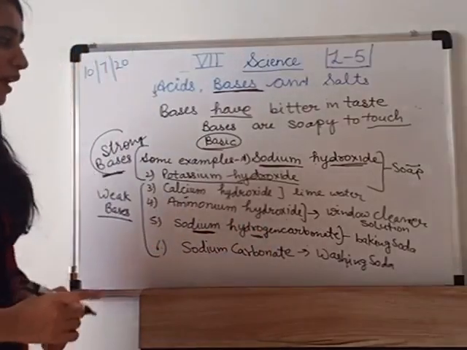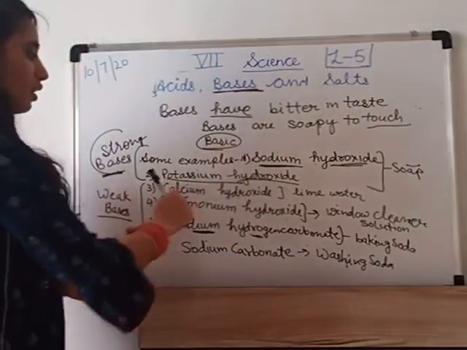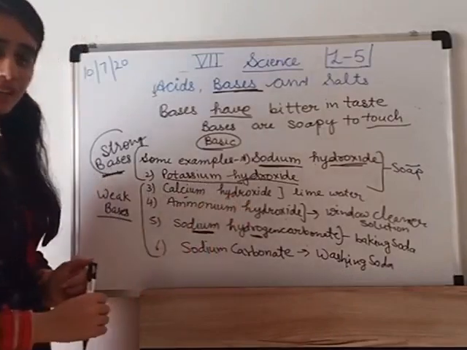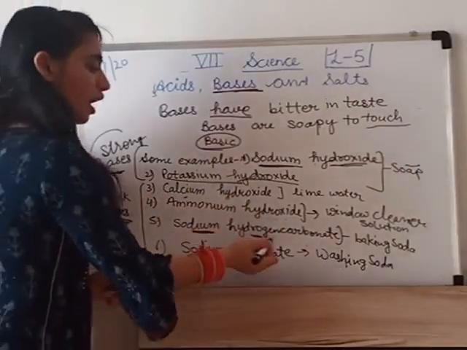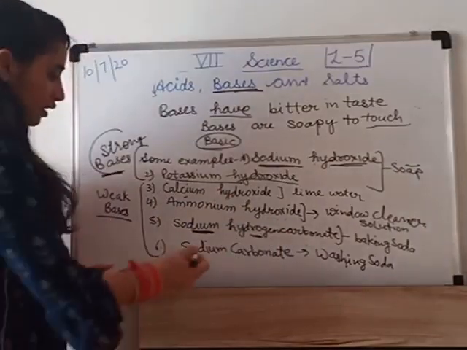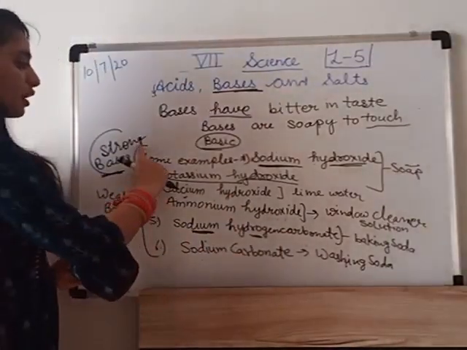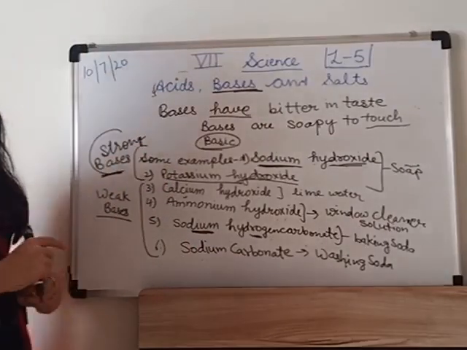Okay. Some examples of bases are sodium hydroxide, potassium hydroxide, calcium hydroxide, ammonium hydroxide, sodium hydrogen carbonate, sodium carbonate. These two are strong bases and these are weak bases.